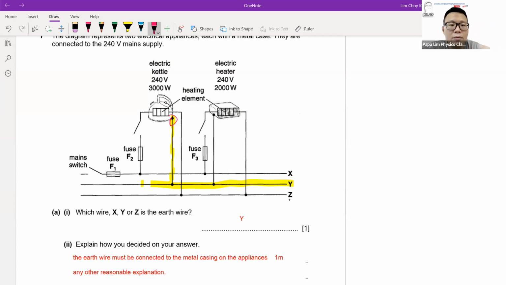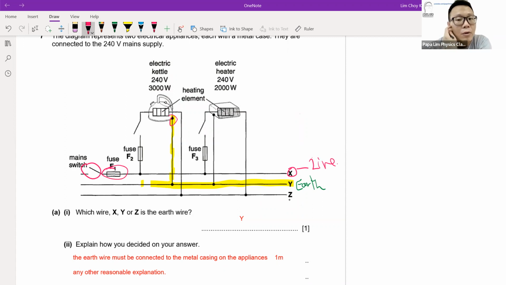So I would know that Y is connected to the casing, so I will know that this is actually what we call the earth wire. And I will also know that for X, there's a fuse, there's a switch at wire X. So if there's a fuse and a switch, I will definitely know that X is what we call a live wire, because the live wire is where I put my switch and my fuse.